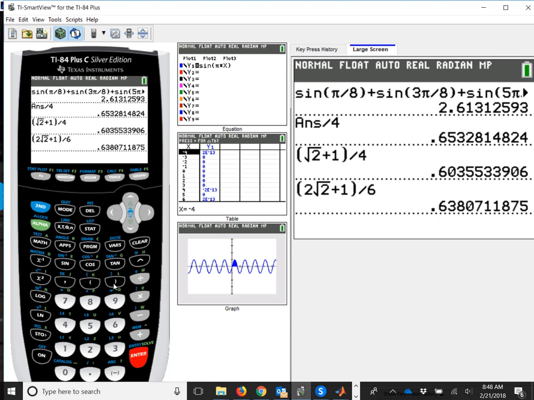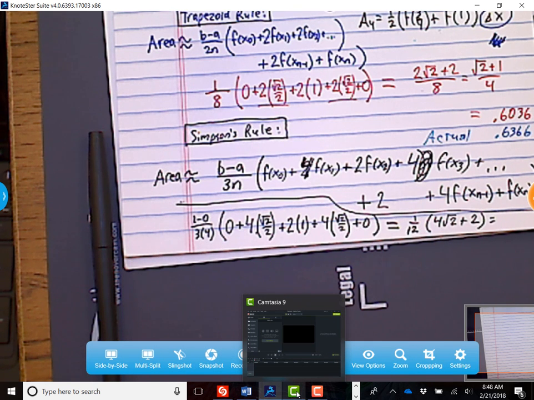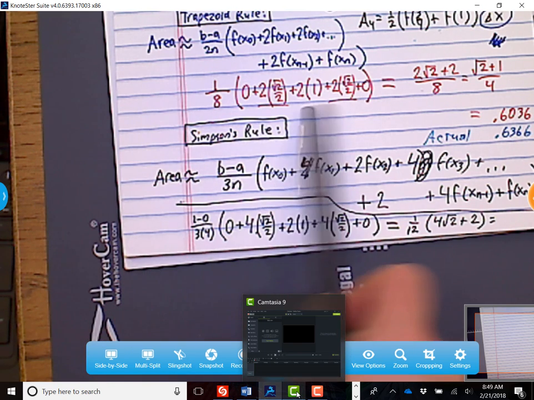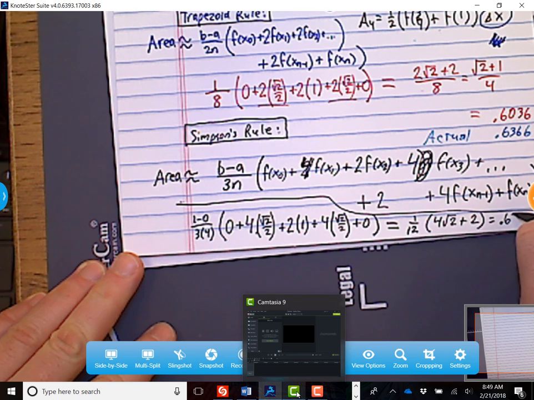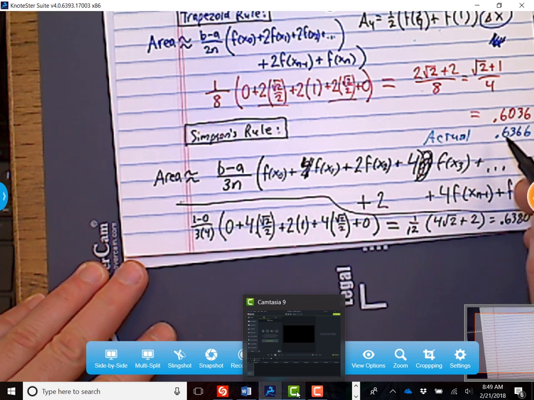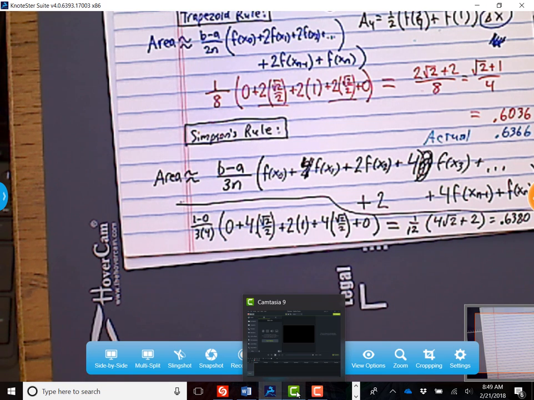We got 0.6380, and that's pretty close to the actual 0.6366. This one's actually a little bit over. 0.6380, it's accurate to 2 decimal places and almost accurate to 3 decimal places.